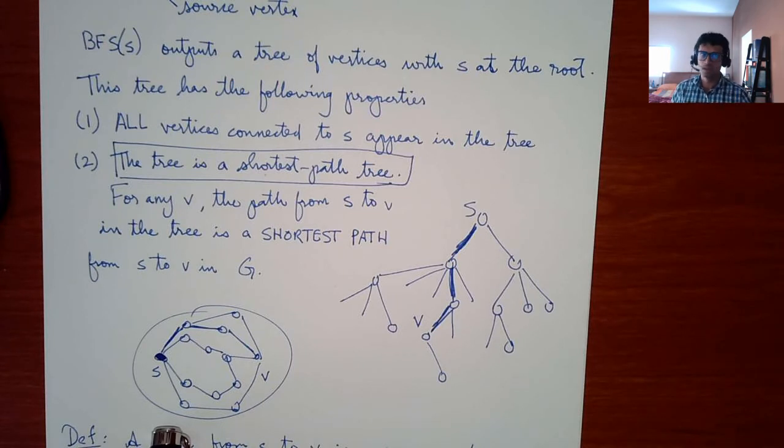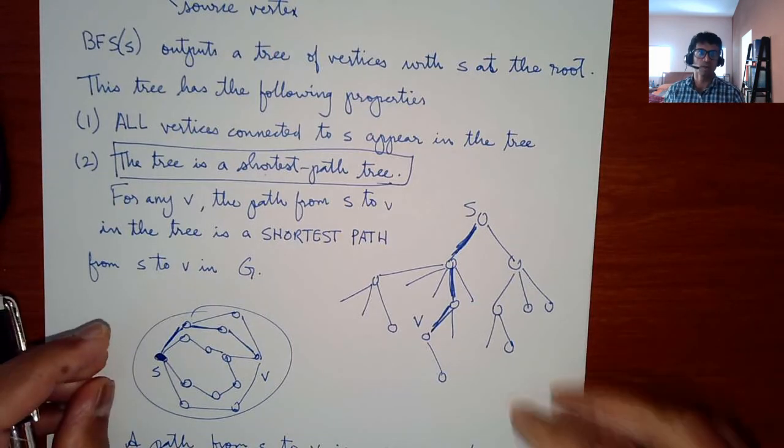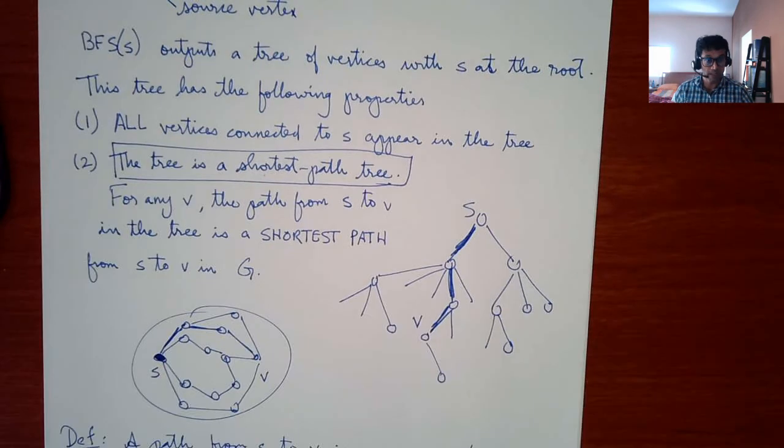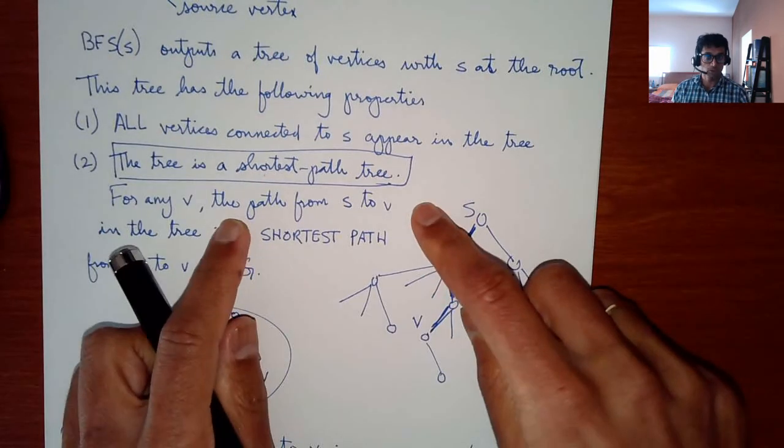Routing in a network, when you are accessing a website, there's this whole networking protocol of TCP/IP under the hood, where you're sending packets to some router, which sends it to another router, which sends it to another router, which is basically going to the server. All of that is basically finding paths in graphs. And BFS is one of the most canonical basic ways of finding shortest paths. Okay?